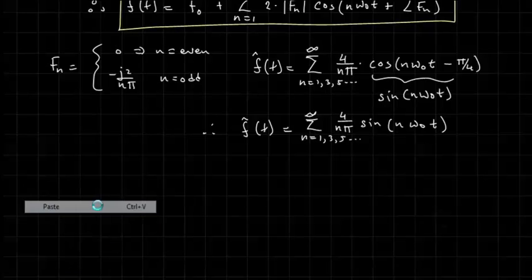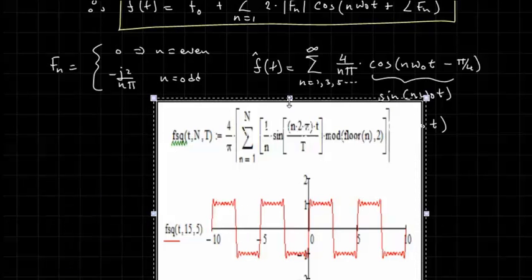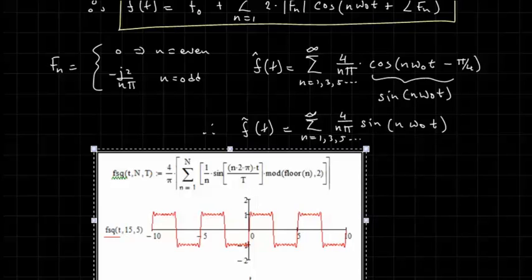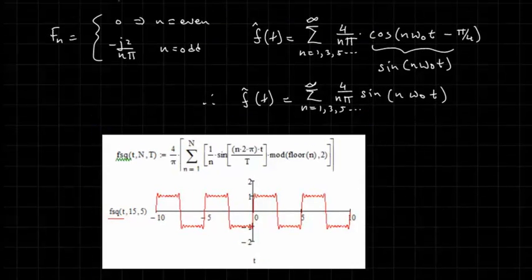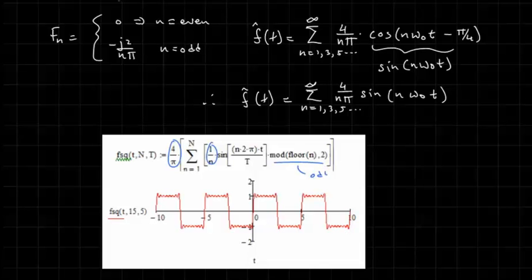So let me stick it in here. Notice I have the 4 over n pi, and this term here is just ensuring that this implements the odd n right here. And this is for a period of 15 terms.